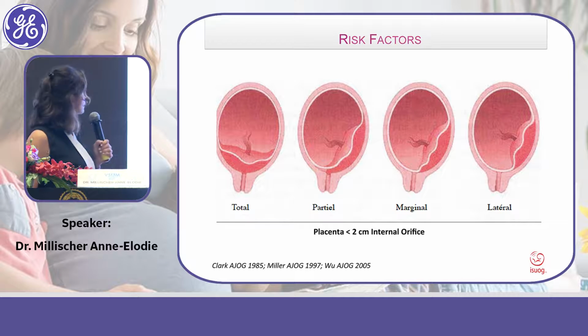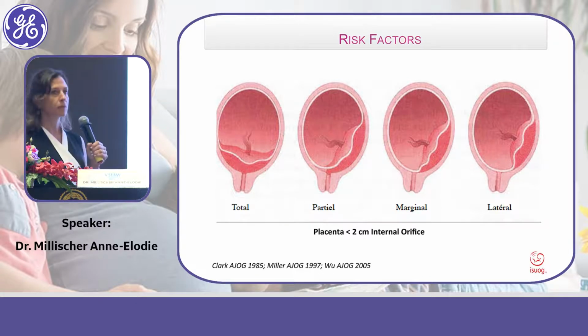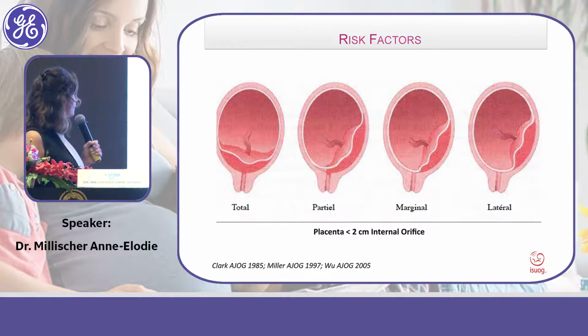Và nó có nhiều kiểu, nó có nhiều típ của cái nhau tiền đạo. The total placenta previa covering the entire part of the cervix. Cái thứ nhất là nhau tiền đạo trung tâm á, là cái nhau nó bám ngay giữa lỗ trong của tử cung luôn.